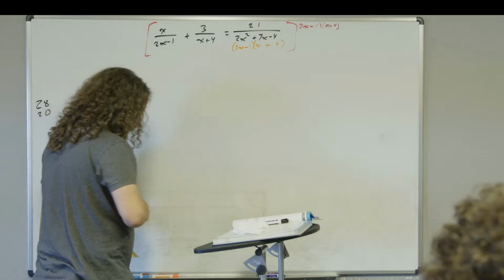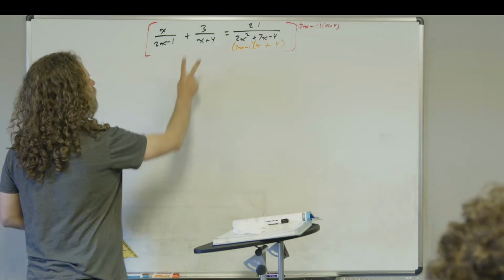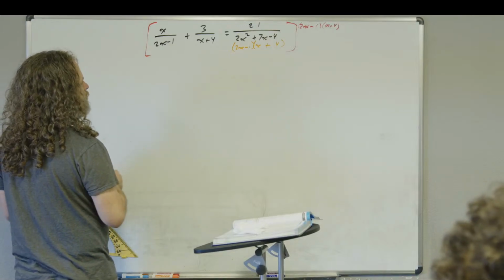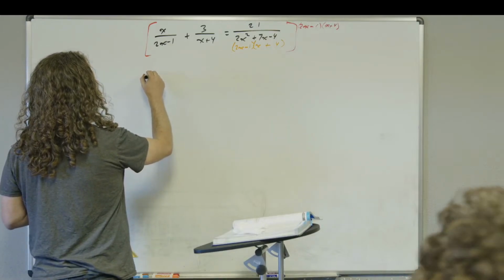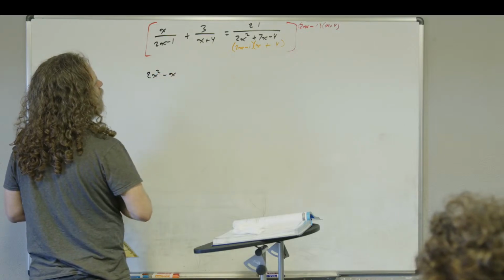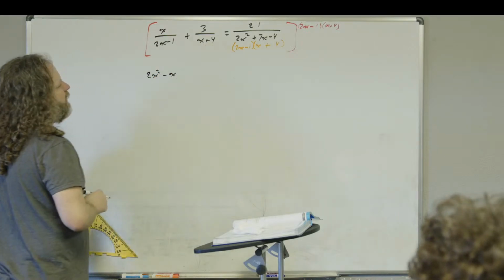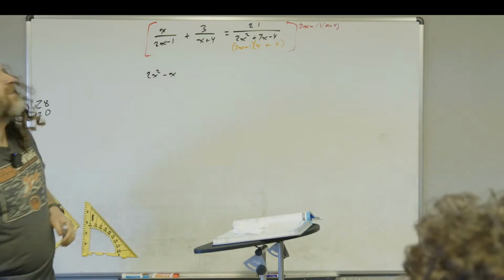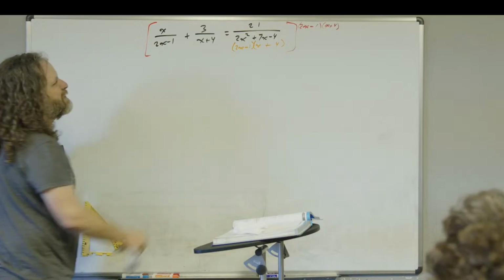On the first one, the x plus 4 cancels, so we're multiplying it times 2x minus 1. On this one, no, I did that backwards. How about times x plus 4?